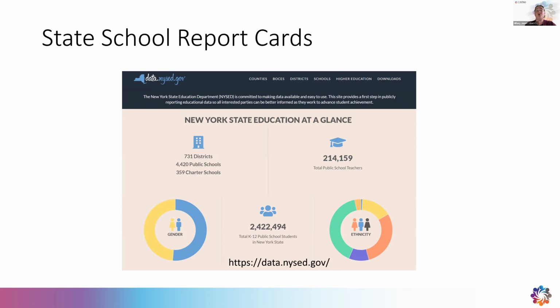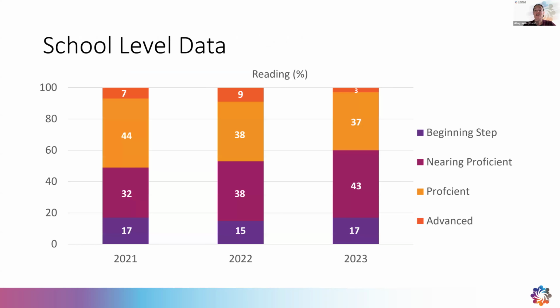You may also need to look at the different school level data around school report cards. So in most states, you can find school level data reports around how students are doing on reading or mathematics. And you can see charts that look very much like these, where you see whether students are proficient or not in a specific content area.